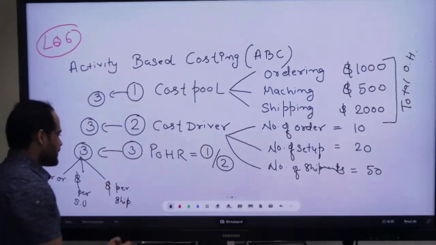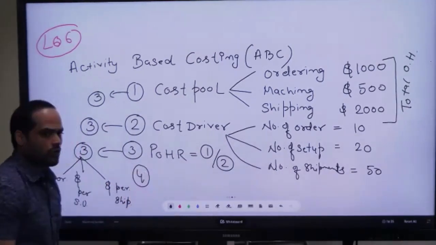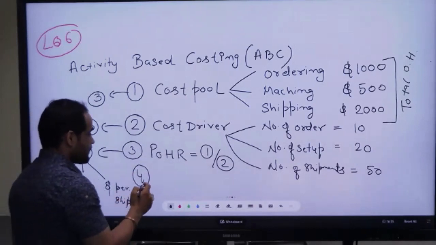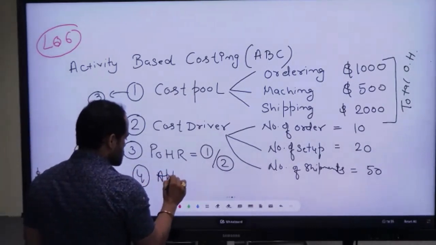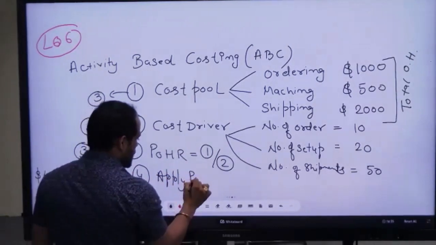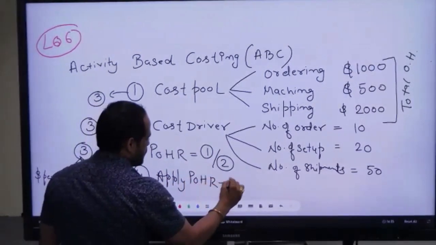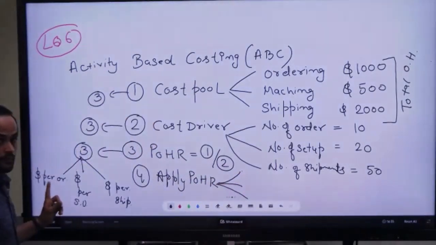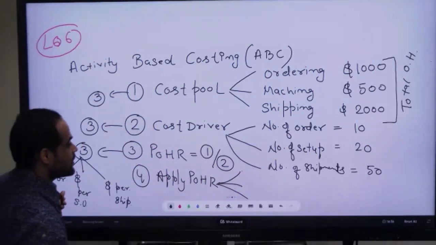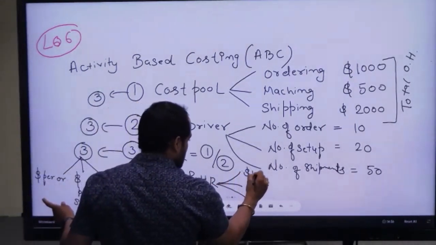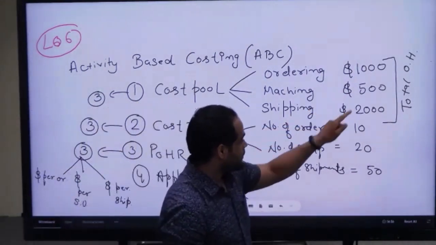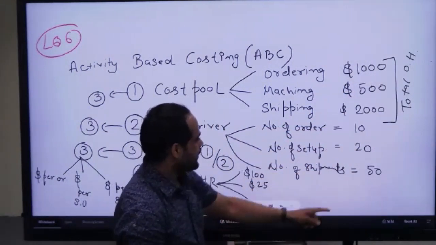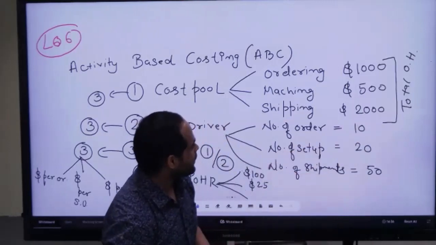Step 4 is also exactly like traditional costing, which means apply POHR, which means we have three POHR: $100, $25, and $40.